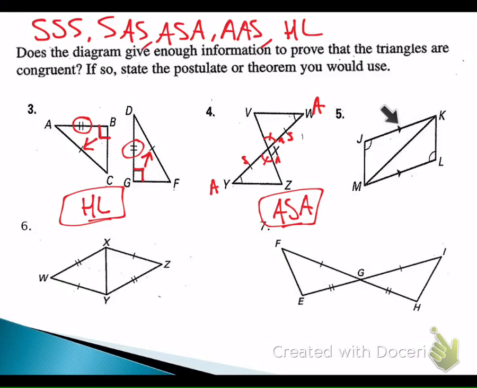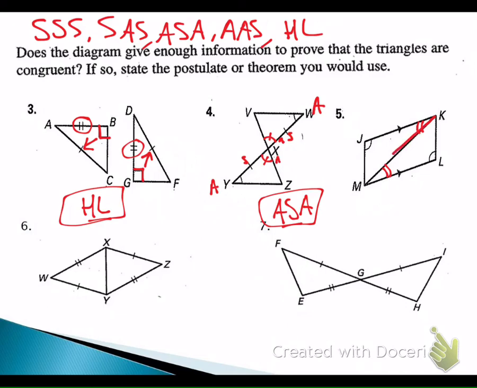All right, number 5. These arrows mean that the lines are parallel, and we have a transversal here, which gives us alternate interior angles congruent. So now we have these angles, and we have these angles. The arrows are not congruent. The arrows don't mean congruent.